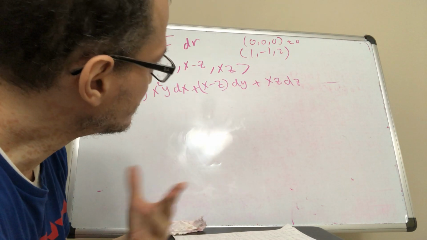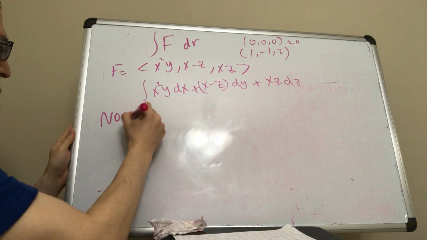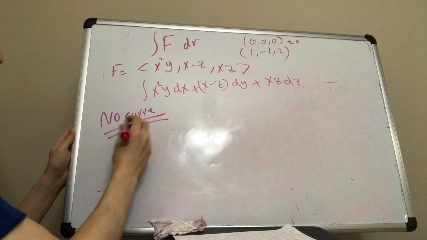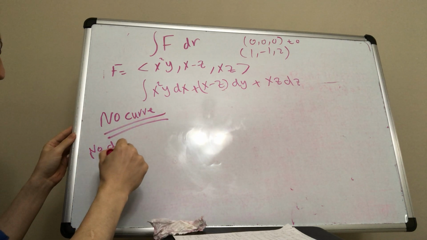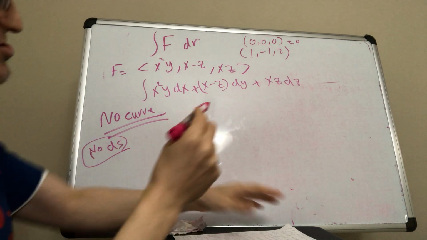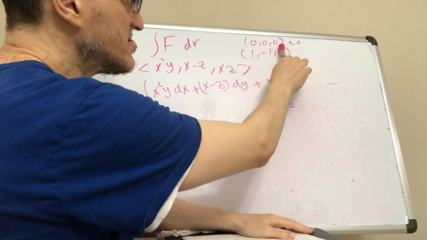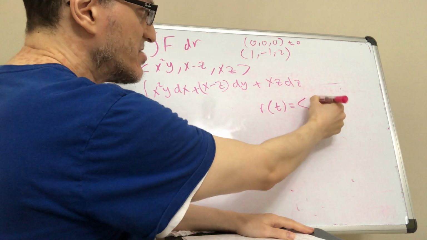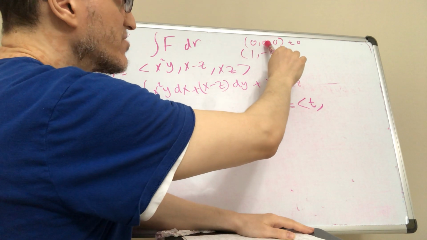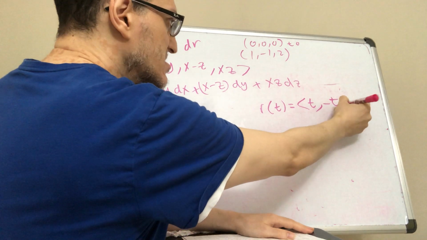So again, you ask yourself, no curve given. Remember, no curve given, and it's not ds. So no curve given, we make the curve. If you plug 0, you get 0. If you plug 1, you get 1. So the first one must be t. You plug 0, you get 0. You plug 1, you get minus 1. It must be minus t.